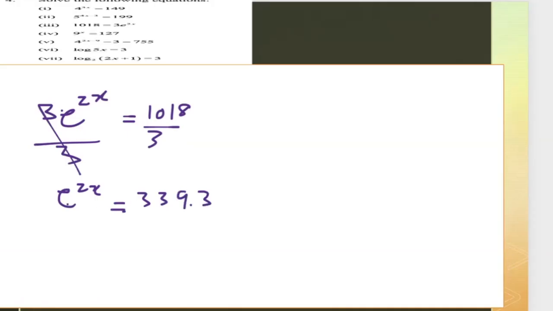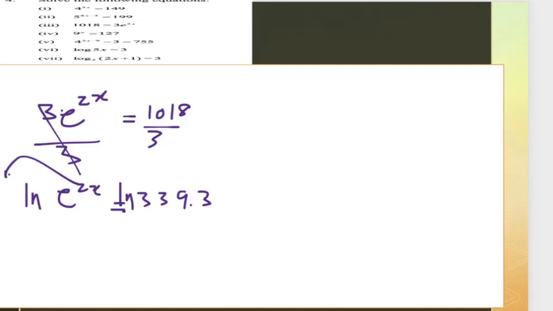Because I have e, I'm going to ln both sides. You can write it in exponential form or log form, but I'm just going to ln both sides. So I have ln on the left, ln on the right.